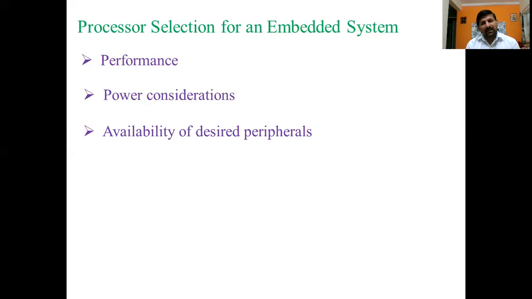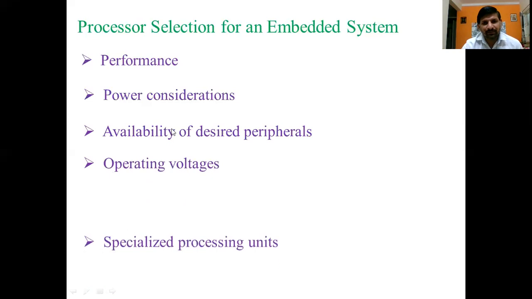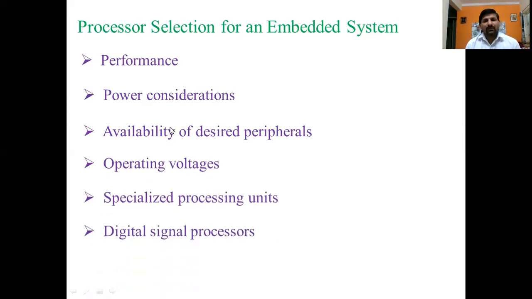Similarly, digital signal processing units like 16 by 16 multiplier, 32 by 32 adder circuit. So hardware execution is always faster than the software execution.